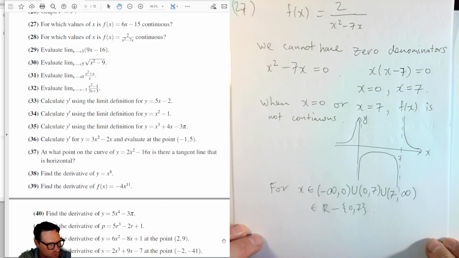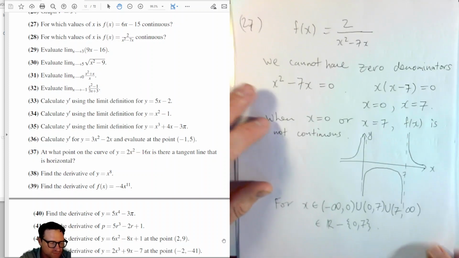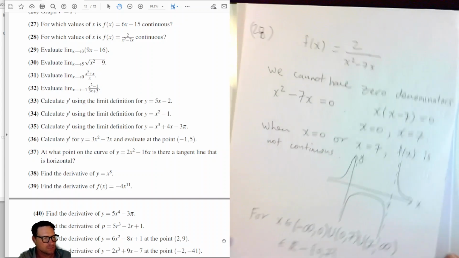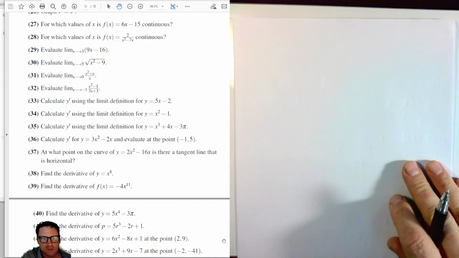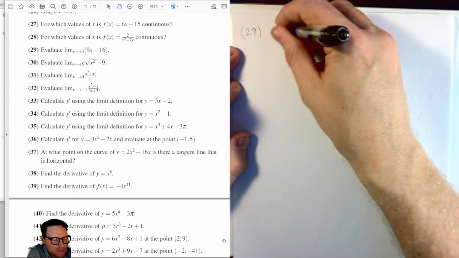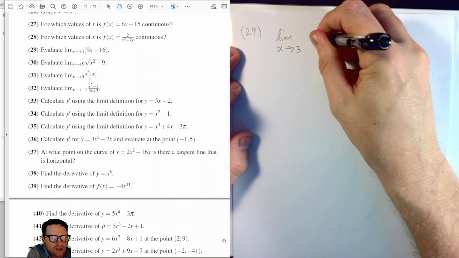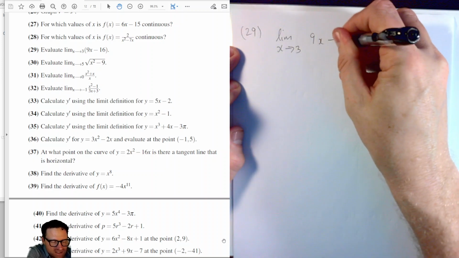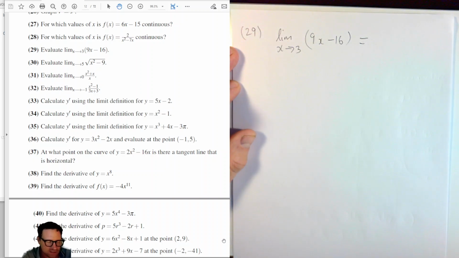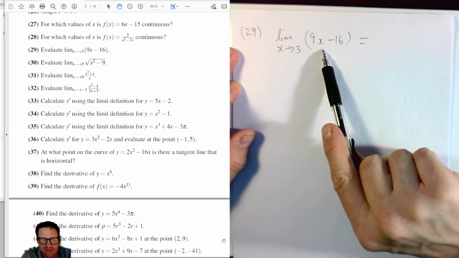Okay, let's move on to question 28. Oh, it looks like I've just done 28. Okay, so we're moving on to 29. So 29 asks us to calculate a limit. What is the limit as x approaches 3 of 9x minus 16? Well, what you need to ask yourself is, is there ever any problem with substituting 3 in there?